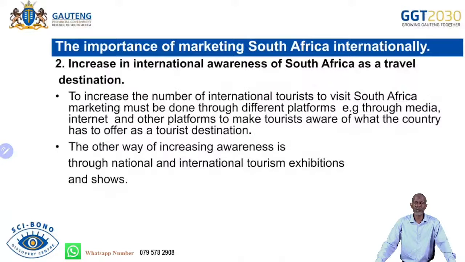There you will have your social media other than the internet, the Facebook, the WhatsApp, the Telegram, and a number of different social media that we are exposed to can help in marketing South Africa as a destination of choice for international tourists mainly.